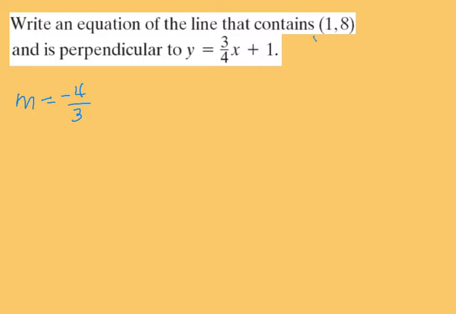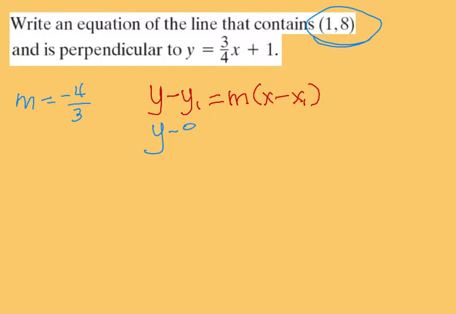And then I know that it goes through this point, (1, 8). So again, we have the correct information to be writing the equation of our line in point slope form. So here's point slope again. In this case, that would become y minus 8 equals slope, so negative 4/3 times the quantity x minus 1.